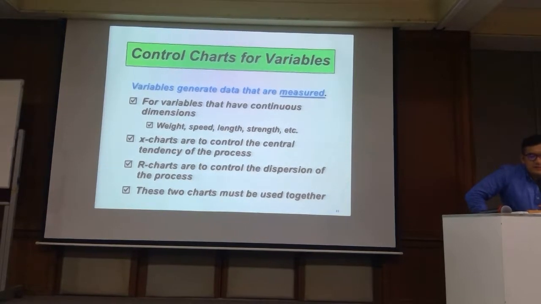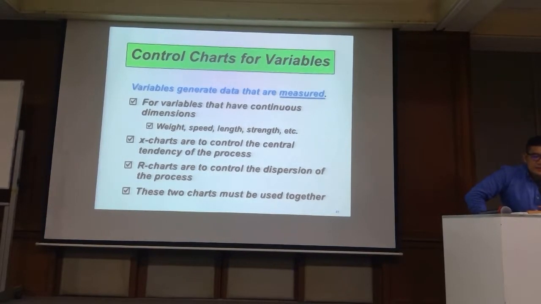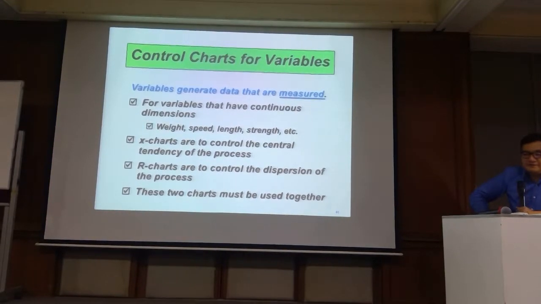Just like weight, speed, time, dimension, something like that. It's a continuous value. We're going to use the X bar chart and R chart. You have to use the X bar chart and R chart together, right? You cannot use one of them separately.